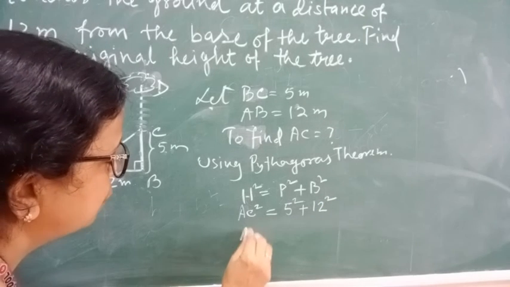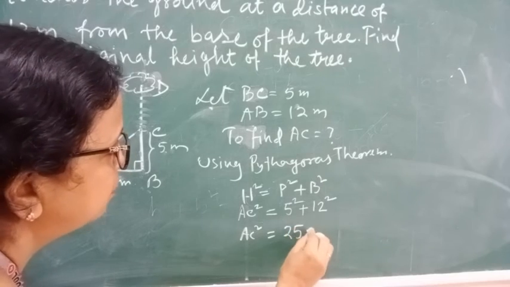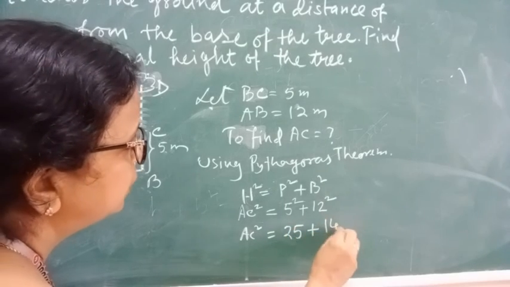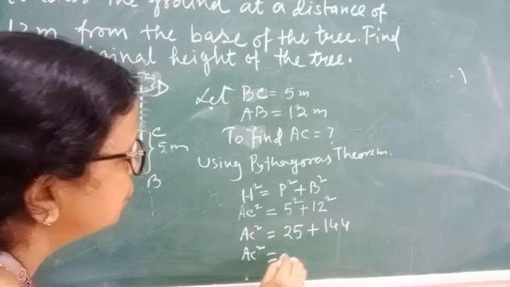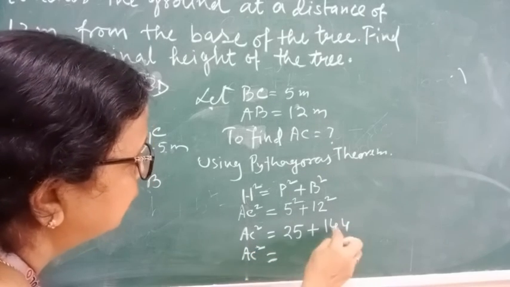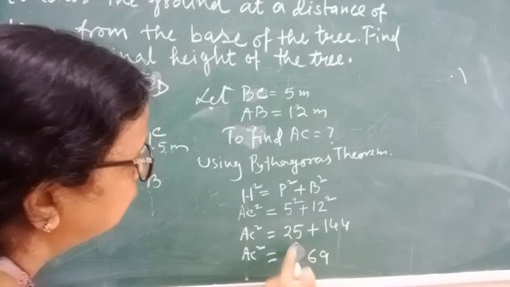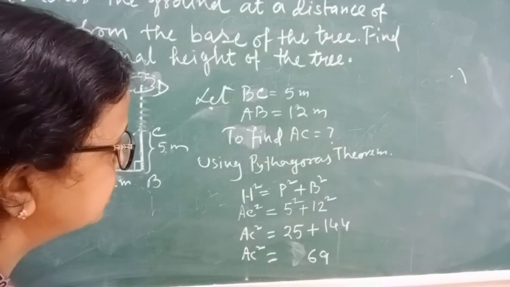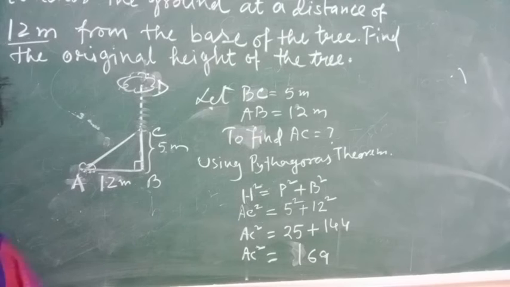Now AC square is equal to 5 square, means 5 fives are 25, plus 12 square, means 144. If you add this all, AC square is equal to 169. 169 will be the square of which number?